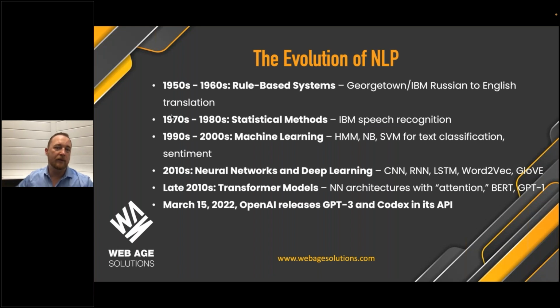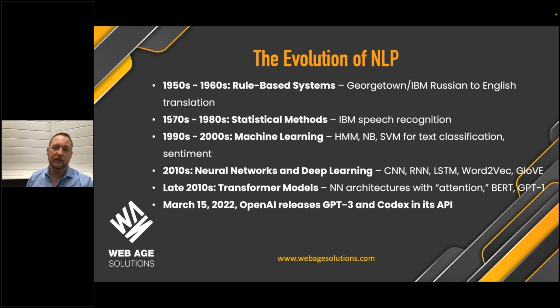So not long after machine learning, what led to what is today called NLP, or natural language processing, started in the 50s and 60s as well. Back then, it started with rule-based algorithms translating Russian sentences to English sentences. There were some speech recognition experiments in the 70s and 80s. And in the 90s and 2000s, machine learning enabled NLP to really take off.